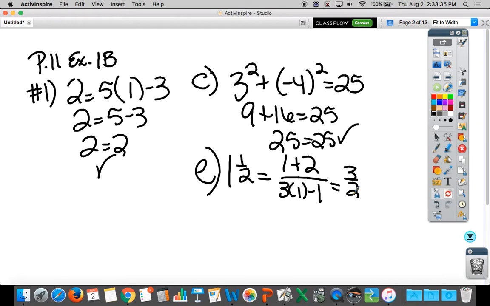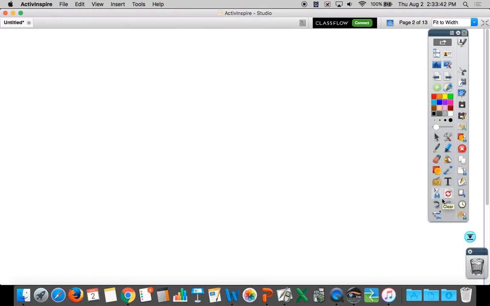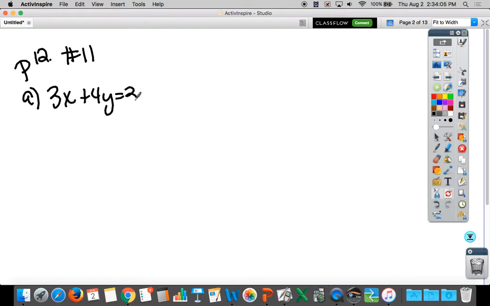Turn over to page 12 and look at problem number 11. Now, this says, find the points of intersection of the following pairs of straight lines. I want y'all to be thinking about how you've been taught to solve this in the past.